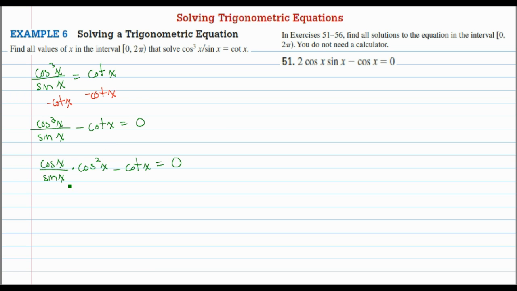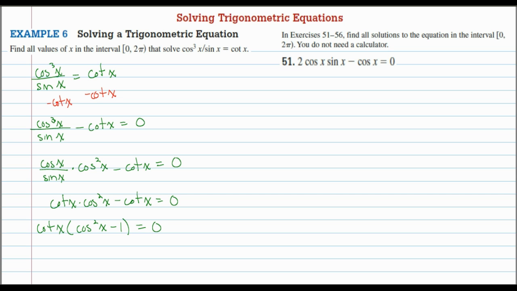Now, each expression before and after the minus sign, each term, has a cotangent of x. So I'm going to factor out, or undistribute, that cotangent of x. So inside the parentheses, it would leave me with cosine squared of x minus 1.